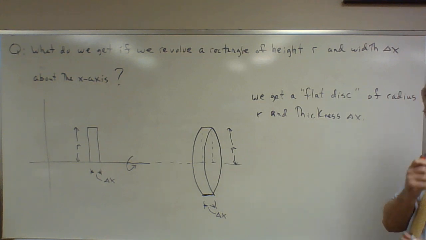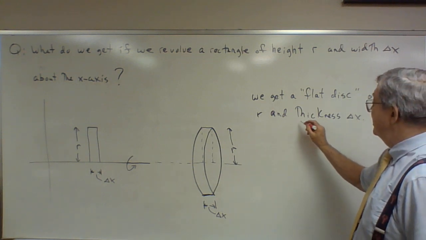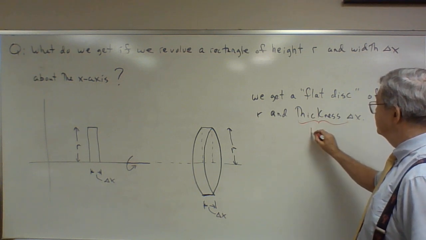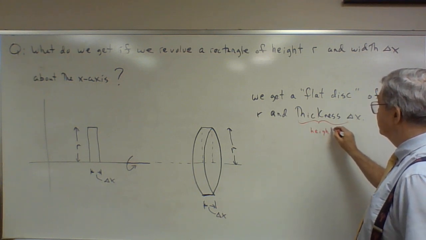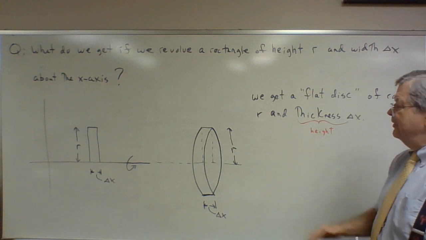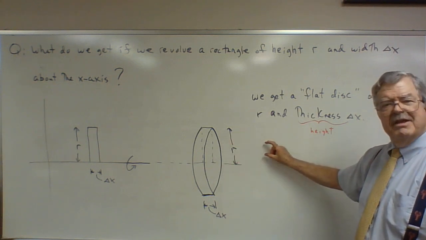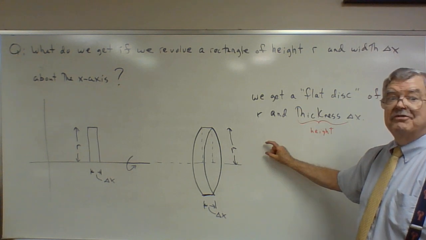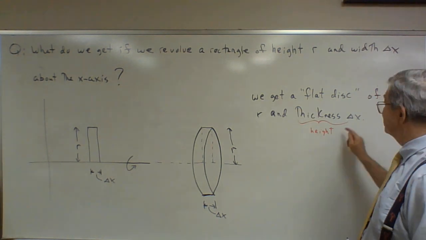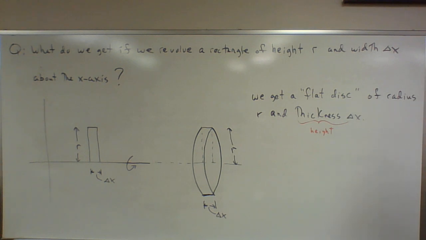Now the thickness sort of corresponds to the height of our circular column. See, if we took this disk and laid it on its side, it would be a cylinder, but a very short cylinder, and it would have height delta x.